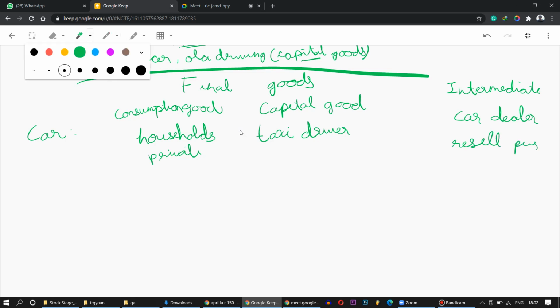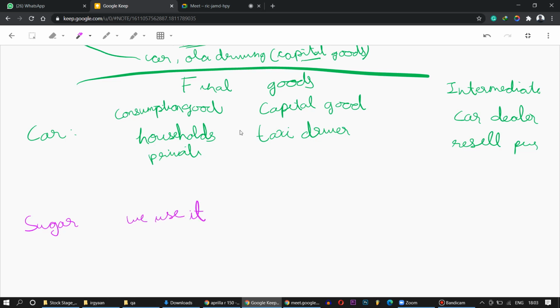I'll give one more example, then we can skip to the next topic. In the book, if I remember correctly, sugar was given. Sugar. How can it be a consumption good? If households use it for private consumption. How can it become a capital good? If lying unsold.